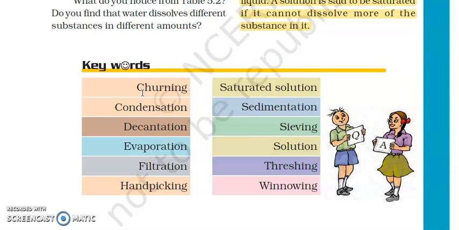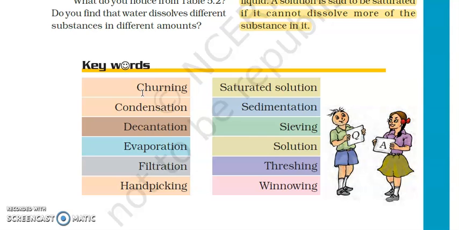The substance which is insoluble in water will settle down as sediment, while the substance which is soluble in water will form a solution of water, and we can tilt the vessel to obtain the liquid in the other vessel. And this process of tilting of the vessel to obtain the solution in the other vessel is called decantation.